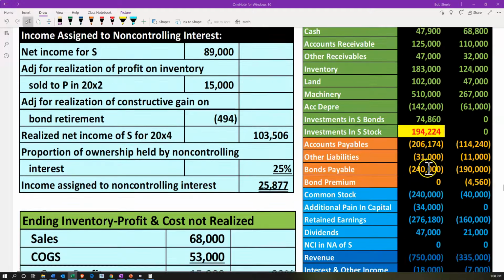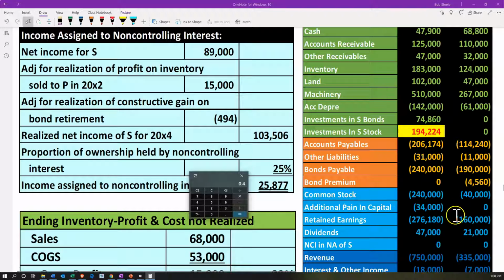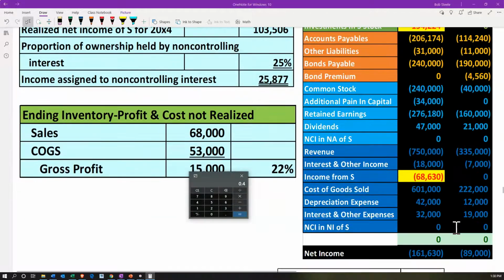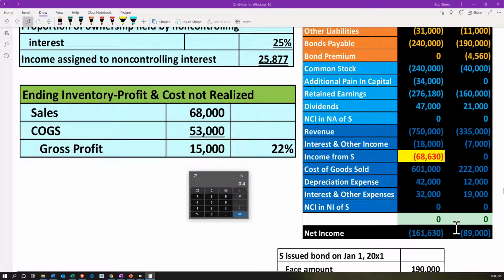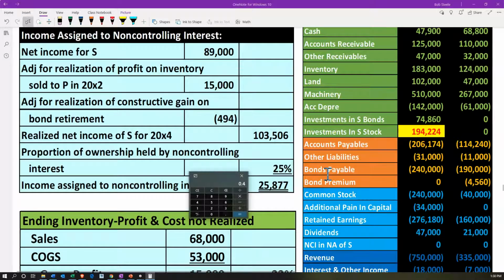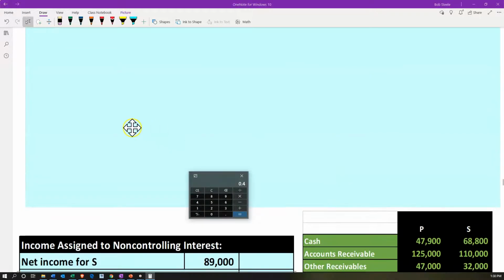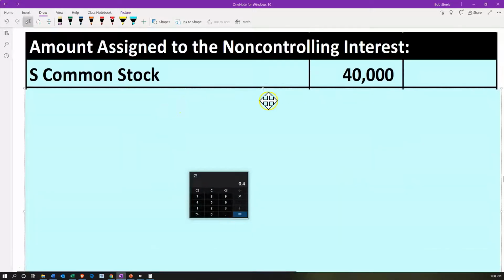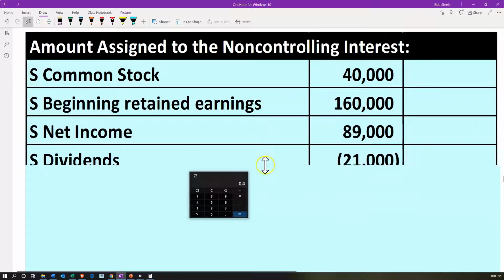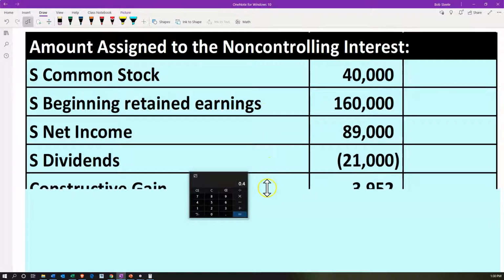Let's scroll back down and take a look at the equity section. We're going to be picking up the common stock, the 40,000, the retained earnings, the dividends, and the net income of the 89,000, and look at the net assets or the equity section as of this point in time. Then we'll consider breaking that out into the non-controlling interest and the adjustments that we will need.